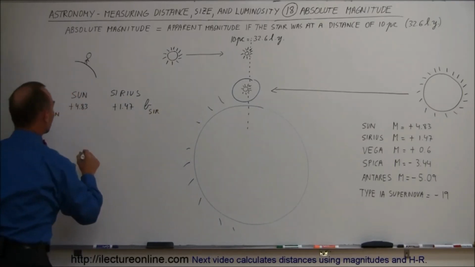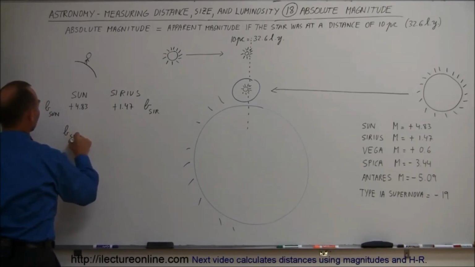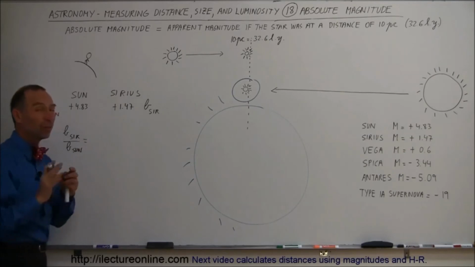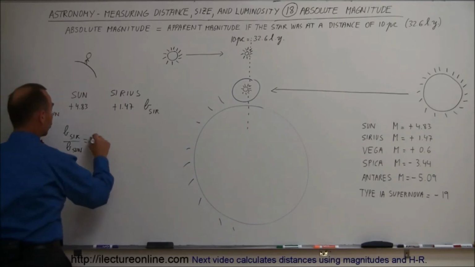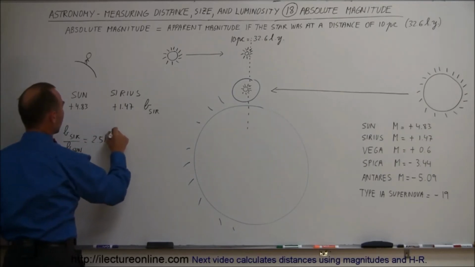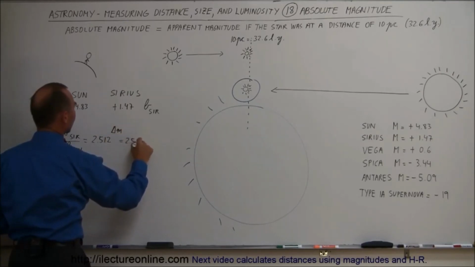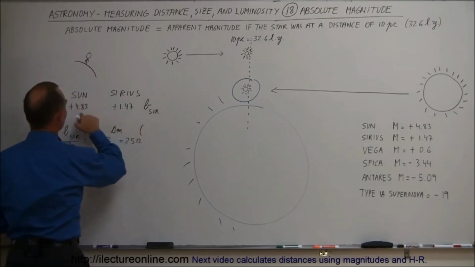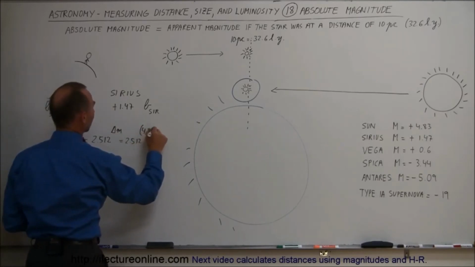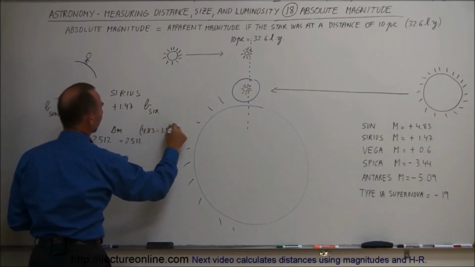And now let's compare the two. So the brightness of Sirius divided by the brightness of the sun, so that would give us the ratio of their luminosities, is equal to 2.512 raised to the difference in the magnitudes, which would be 4.83 minus 1.47.